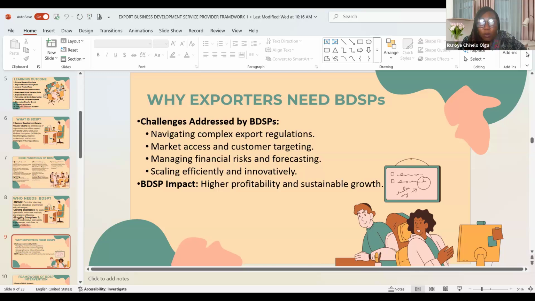So the impact of the BDSP is higher profitability and sustainable growth. If a business doesn't have sustainable growth, I'm sorry, that business is not it at all. There should be sustainable growth, and that is what the BDSP helps you to do. So we all as exporters need BDSPs.